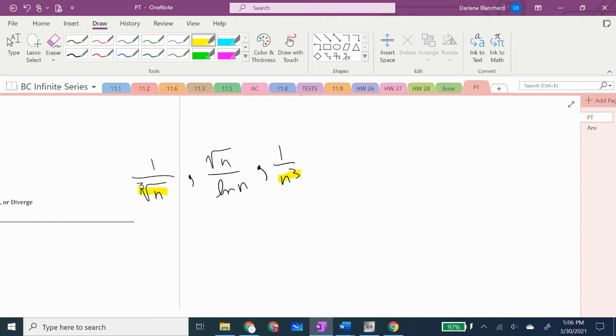Then as long as you additionally know that it is a decreasing series, both of those are going to pass the alternating series test. But before you go and write down a bunch of work, do you need to show that for both of them to finish those problems up?